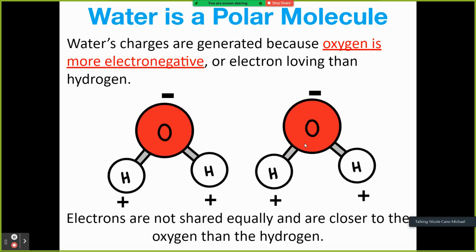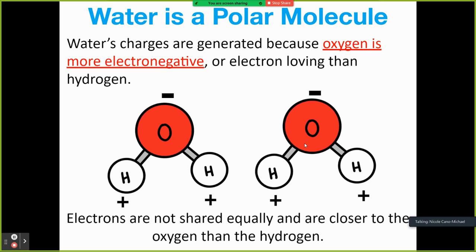All right, water's charges. So, this idea that you have the positive side and the negative side. Oxygen is what we say is more electronegative. In other words, it's more electron loving than hydrogen is. It loves its electrons, again kind of like an older sibling. I love my chips. I love my ice cream. I love my pop. And I don't want to share, but I'm kind of being forced to. Oxygen is electronegative, which means it loves its electrons.